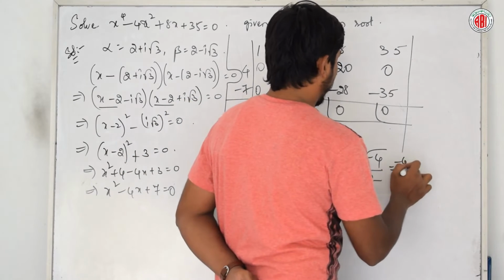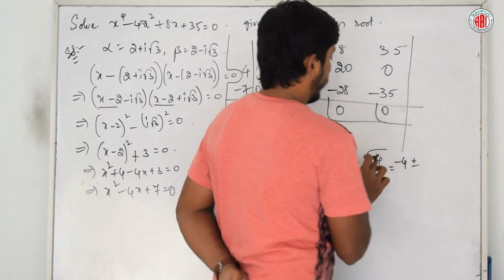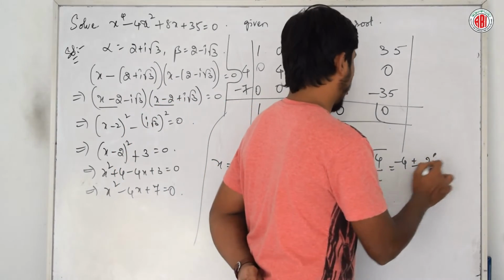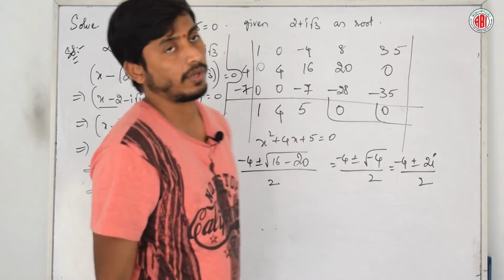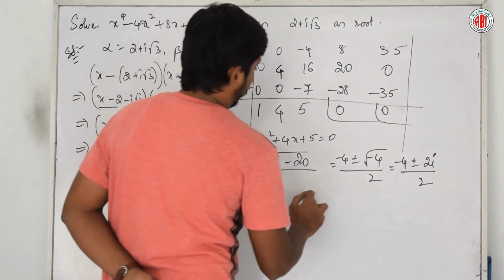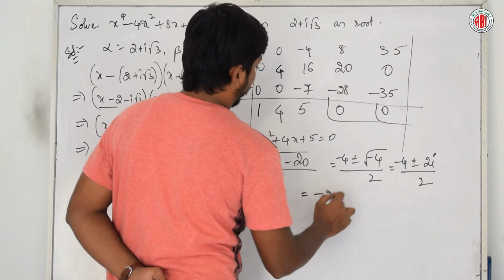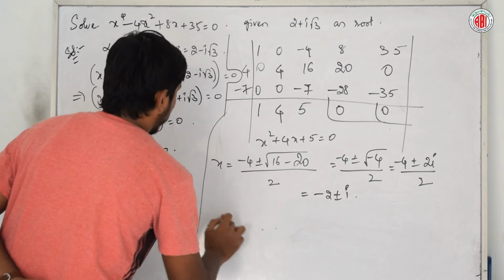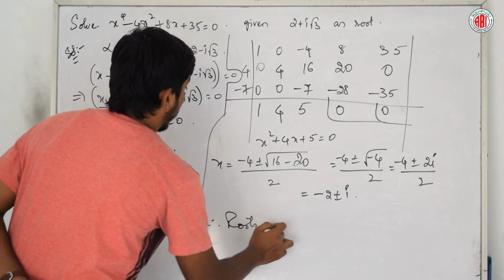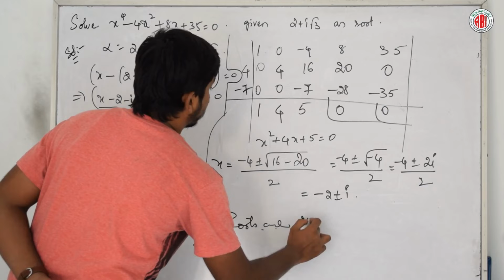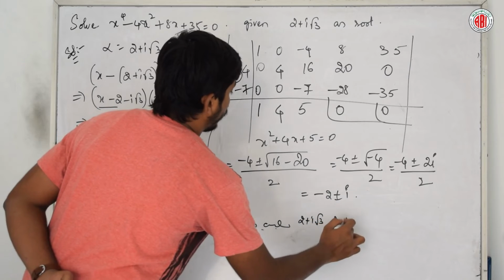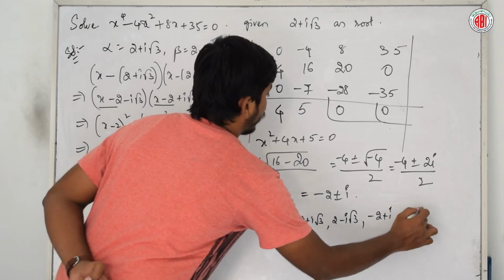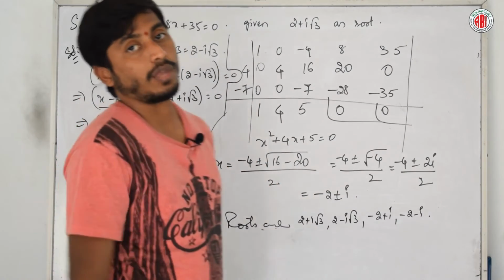So that will be minus 4 plus or minus root 4 is 2, root of minus 1 is i, so 2i by 2. If I divide it with the denominator, this will be minus 2 plus or minus i. So finally the roots are 2 plus i root 3, 2 minus i root 3, minus 2 plus i, minus 2 minus i. Is it okay?